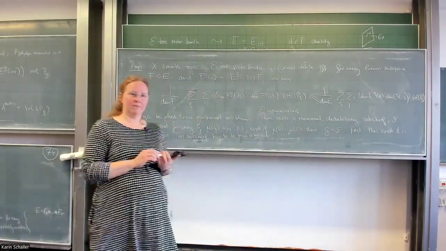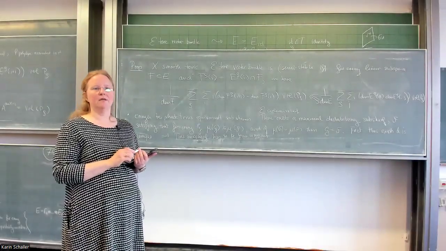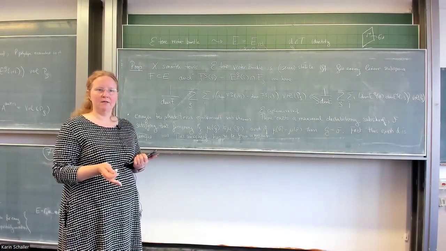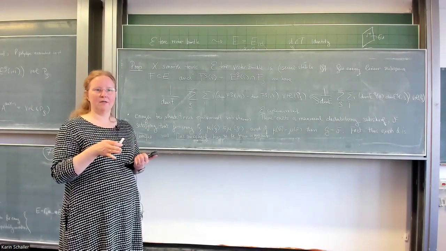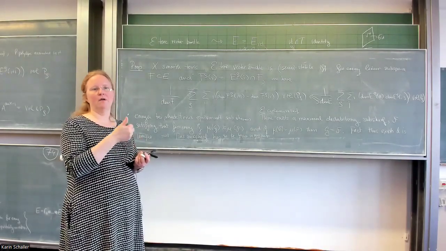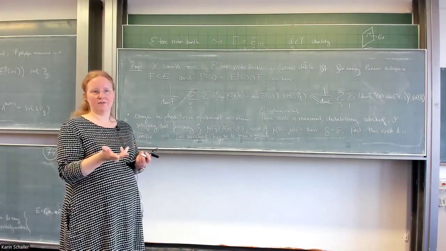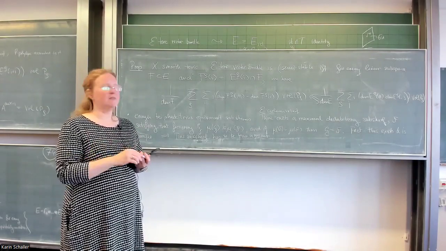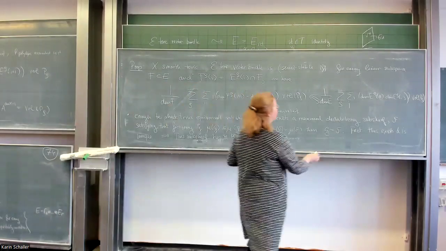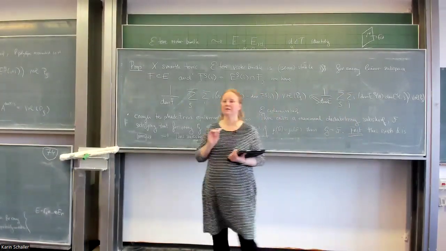So the maximal destabilizing subsheaf is going to be saturated, and that is unique. You act with the torus on it, you get something of the same slope, and it's also saturated. And so since it's unique, it has to be the same. Yes. Of course, this is a fact, there you have to show something. Yeah, thanks.